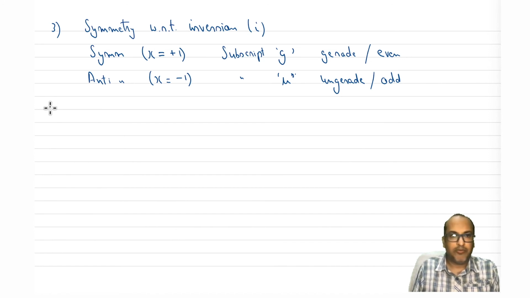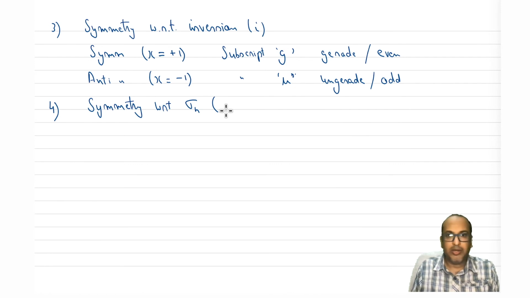Okay, so fourth is symmetry with respect to sigma H, the horizontal plane of symmetry, which has to be used only if no I is present.